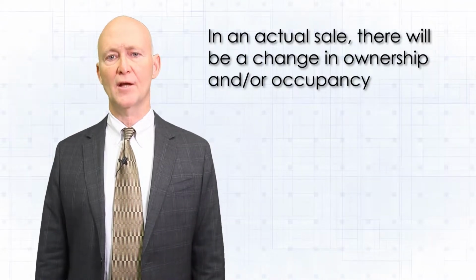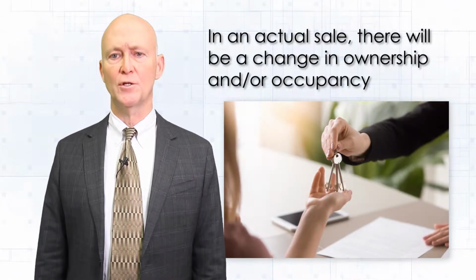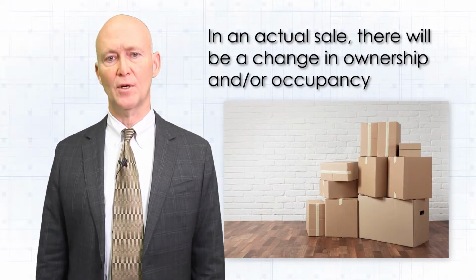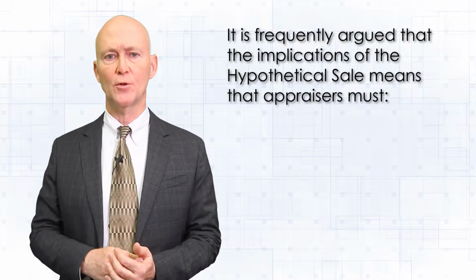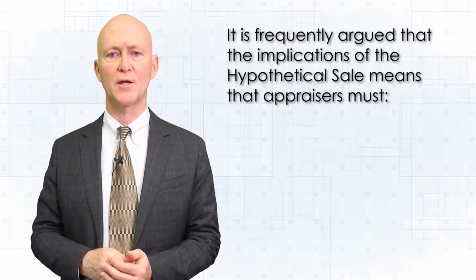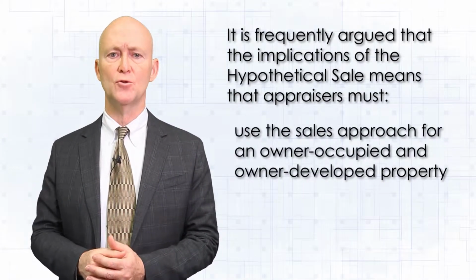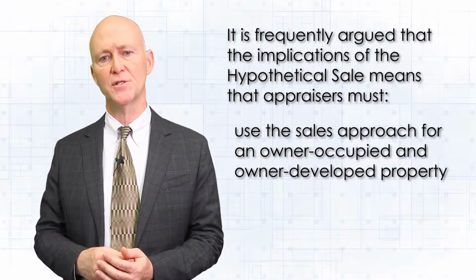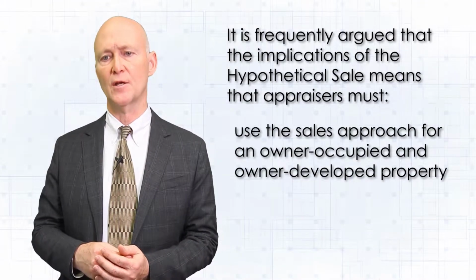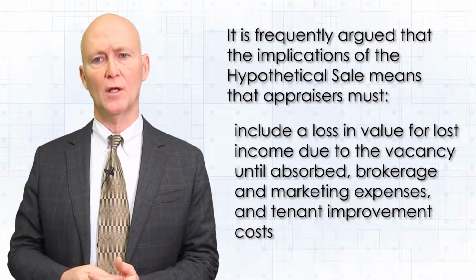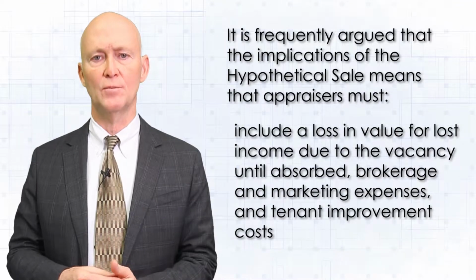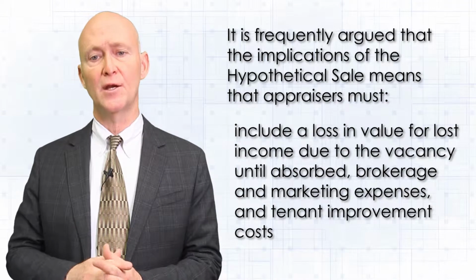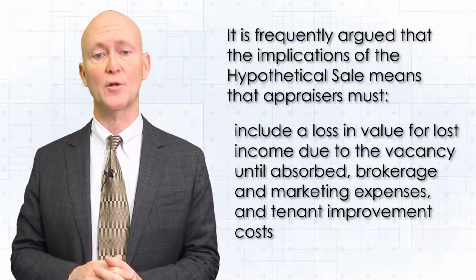However, if there were an actual sale, then there will be a change in ownership, and there may be a change in occupants if the seller vacates the property. It is frequently argued that the implications of the hypothetical sale mean that, one, appraisers must use the sales approach for an owner-occupied, owner-developed property, even if sales in the market are not between owners and occupants. Two, they must include a loss in value from the lost income due to vacancy until absorbed, brokerage and marketing expenses, and tenant improvement costs, even if the building is actually occupied.